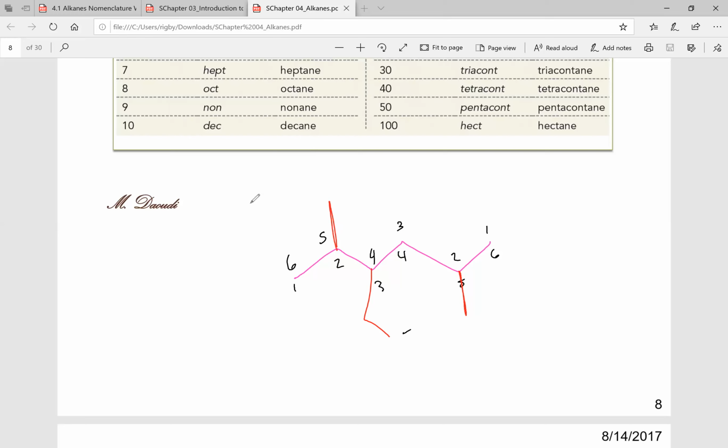Would I start naming from this side or from this side? That's a rhetorical question. I would start naming from this side because I want to give everything the lowest number possible. If I start numbering from the left to the right, I give these 2, 3, and 5. If I start numbering from the right side, I give it 2, 4, and 5. Numbering from the left gives everything overall the lower number possible. And that's why we choose which side to number the way that we do.